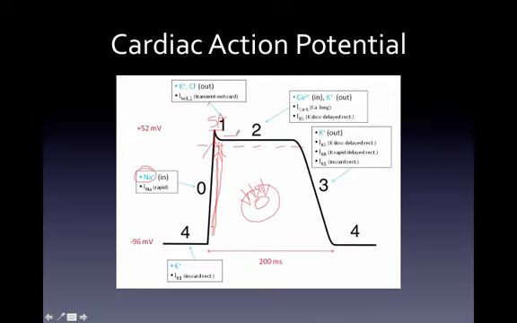In phase 2, which is really important here as well, we get an influx of calcium. Now that does two things for us. It slows down the reaction a little bit, so it makes the heart have more contractile force strength. It gives it time to contract a little harder. That's the influx of calcium that does that. So that's going to be in phase 2.